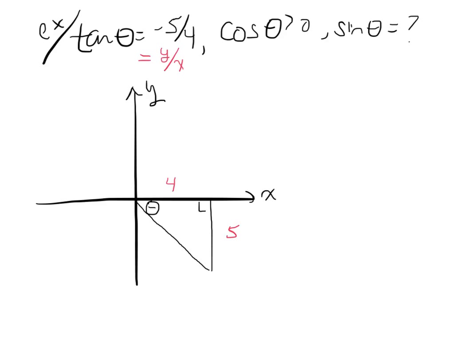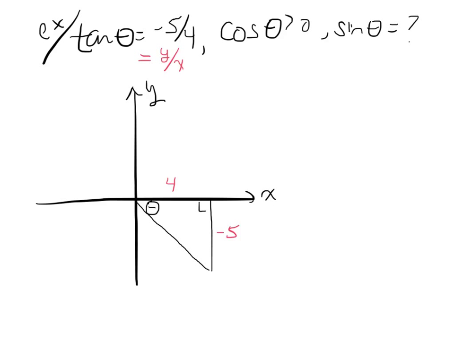Except we have to deal with the negative. We have to decide if the negative is assigned to the 4 or the 5. And the answer is that it's assigned to the 5 because this is going in the negative direction in the fourth quadrant. Now the length of this segment is positive 5, but the corresponding coordinate is going to be negative 5.